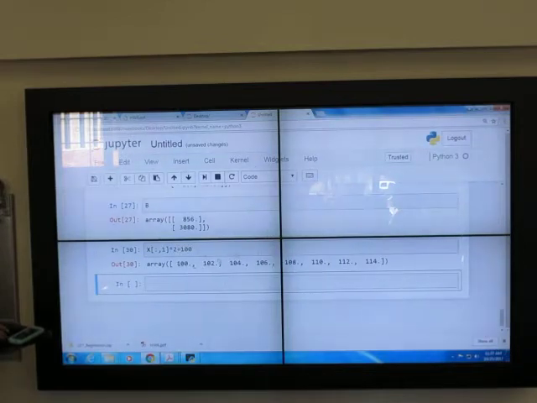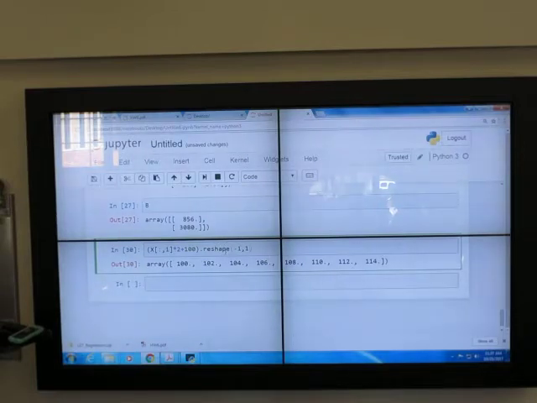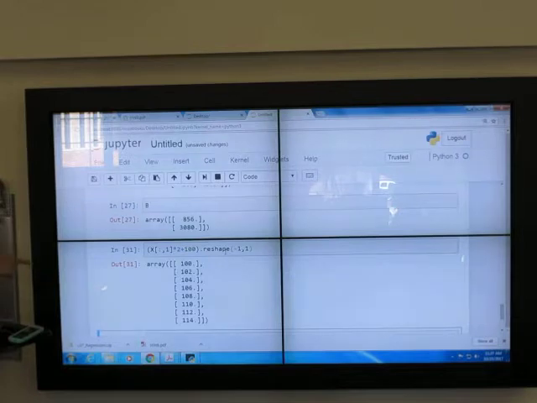So you put parentheses and then you dot reshape minus 1, 1, you get what? That is your y. Quickly, you get your y?